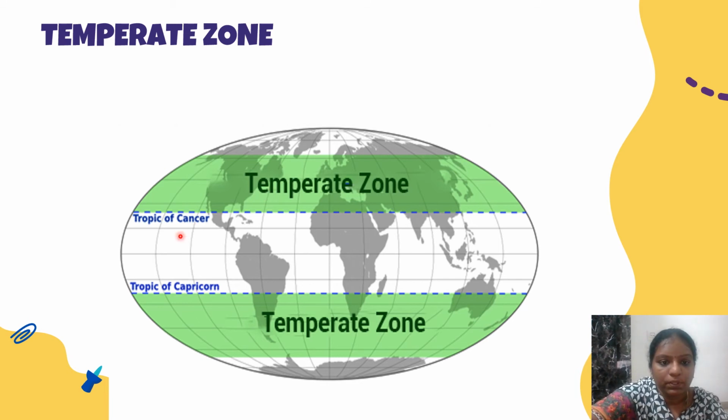It lies between Tropic of Cancer and Arctic Circle in the northern hemisphere, and in the southern hemisphere, it lies between Tropic of Capricorn and Antarctic Circle. Many countries in North America and a few countries in Europe and Asia lie in temperate zone.